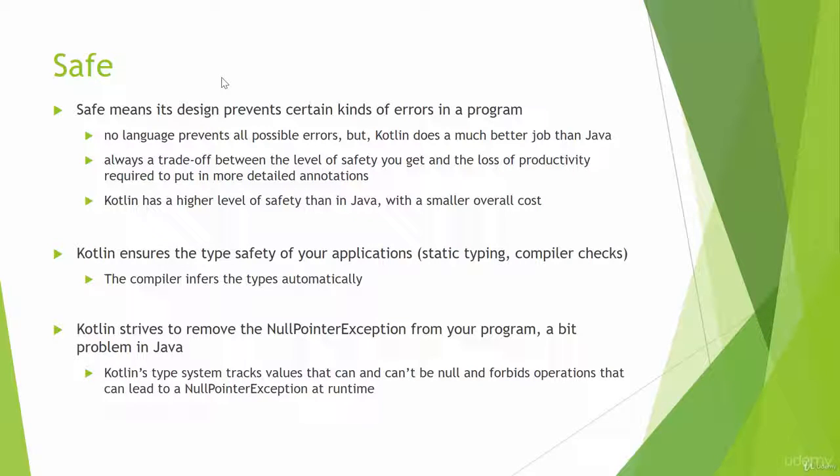It also, and this is a big deal, handles nullability much better than Java. A big problem with Java is that you have null pointer exceptions and you have to check for them. Well, Kotlin strives to remove that problem from your program. It has a type system that tracks the values that can and can't be null and forbids operations that can lead to a null pointer exception at runtime.